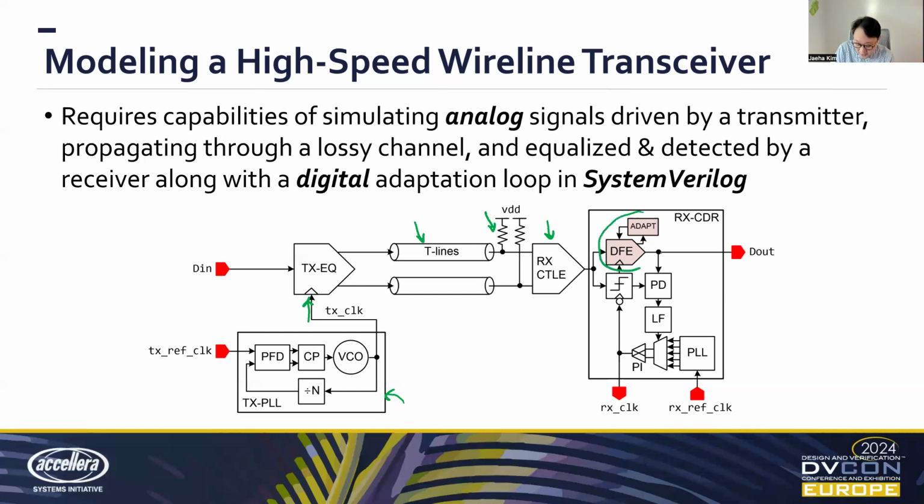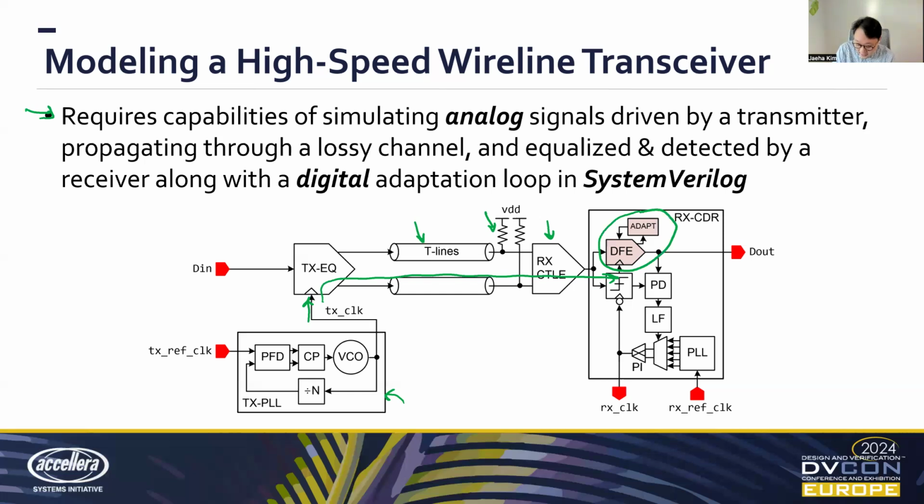And in this position, we will use a DFE, the one that I explained before, which can be adapted continuously using the LMS architecture. So this slide illustrates that we need the capability of simulating the analog signal propagating from the transmitter, going through the transmission line channel, going through the equalizer, and finally detected by the data receiver, including the DFE.